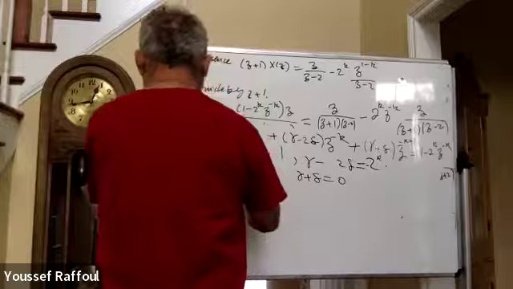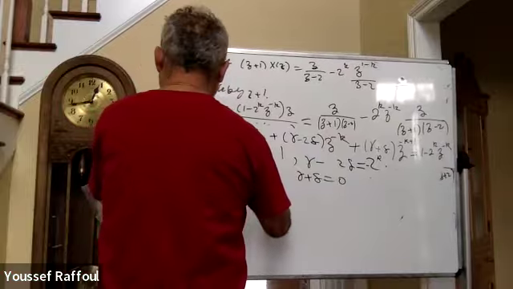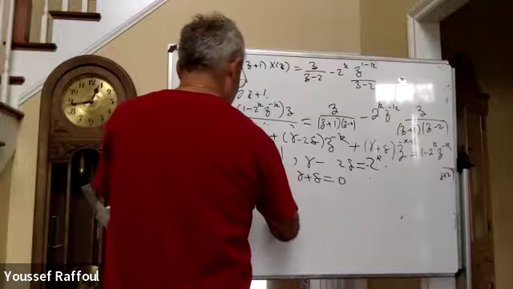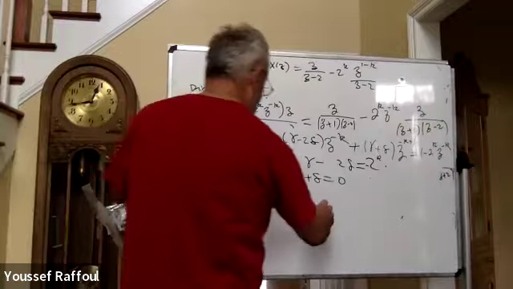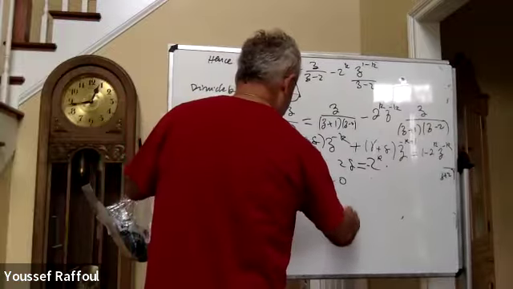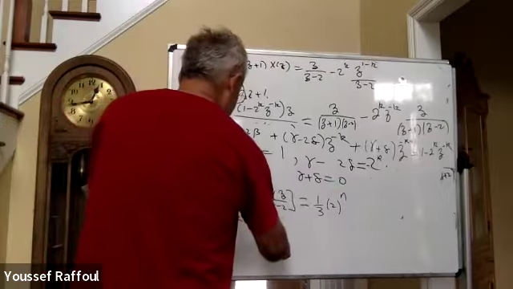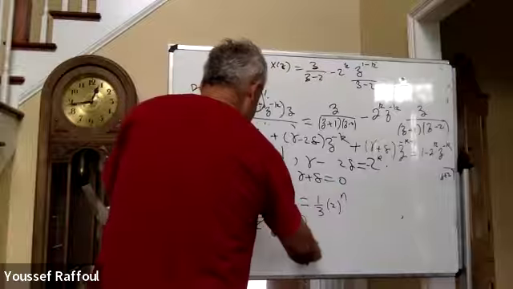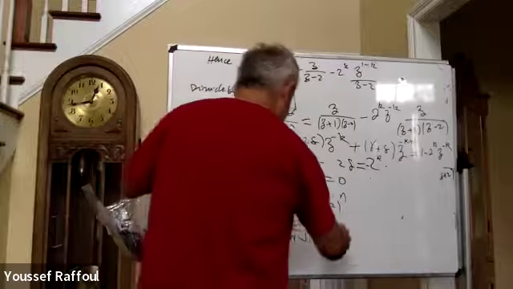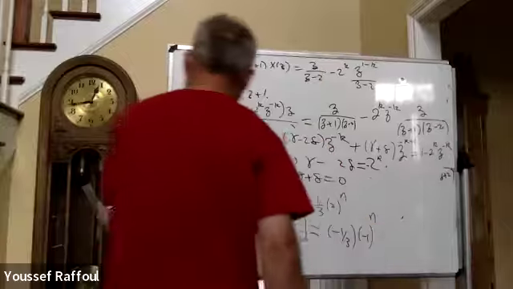So now we need to find the inverse of alpha z over z minus 2, and that is 1/3 times 2 to the power n. I need the inverse of beta z over z plus 1, and that is minus 1/3 times minus 1 to the power n.